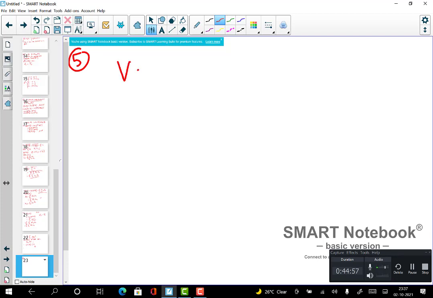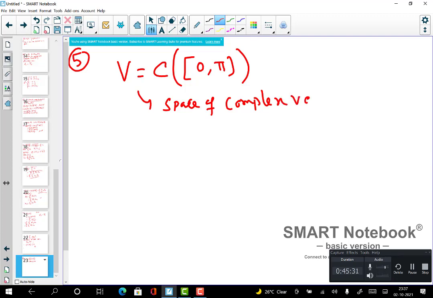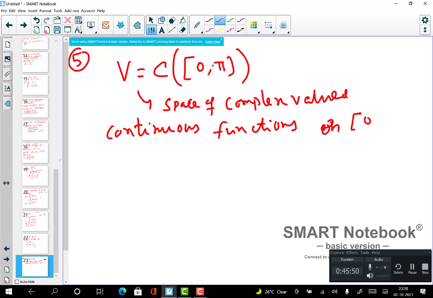So if we choose my V to be the space of complex valued continuous functions on the closed interval, maybe 0 to pi. I am choosing complex valued continuous functions, not real valued. That is better.